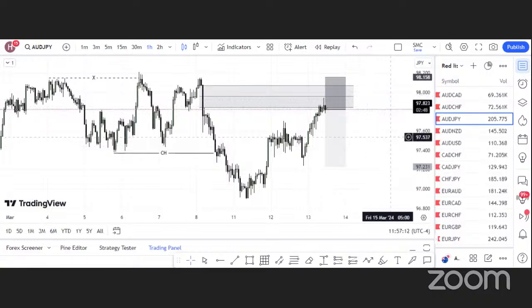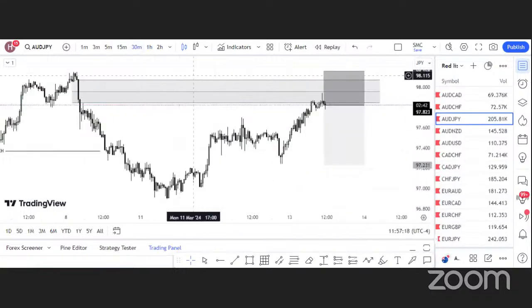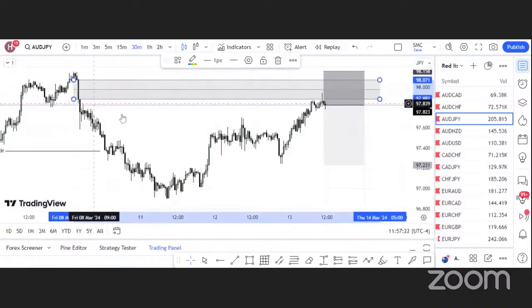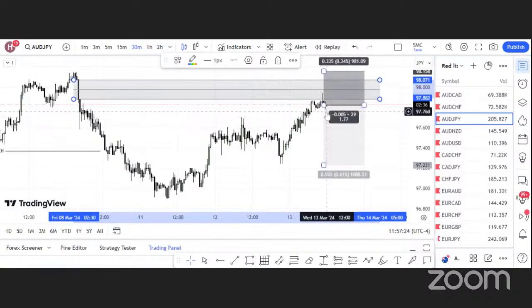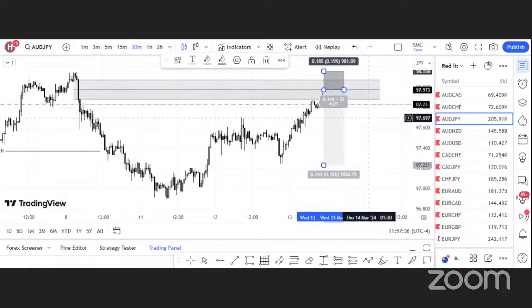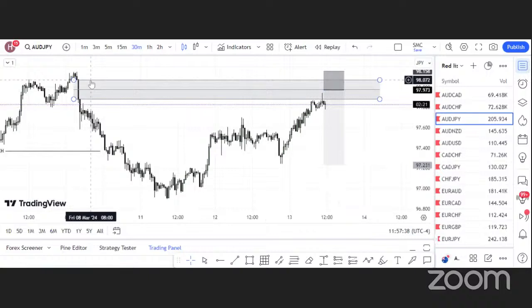All right. We need confirmation on this trade before we can place an order. The market didn't get to the 50% here. I would have preferred if the market got to this point, the 50% of the fair value gap.